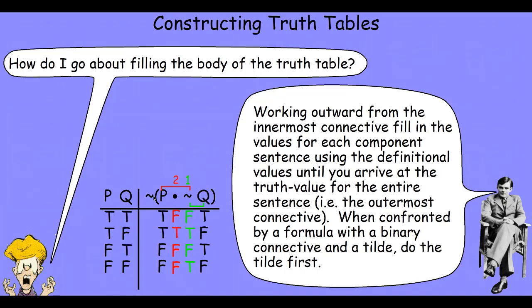Now we go outside of our brackets and we've got our tilde. Tilde everything in here. So we go to the last connective that we did inside the brackets right here. And now we're going to evaluate our tilde by looking at our dot and using our rule for negation. Our rule for negation is, if you can't say it, rehearse it, opposite truth value of what you negate.